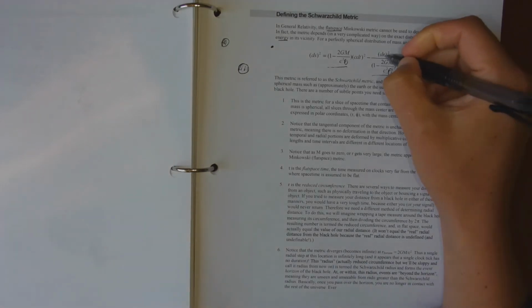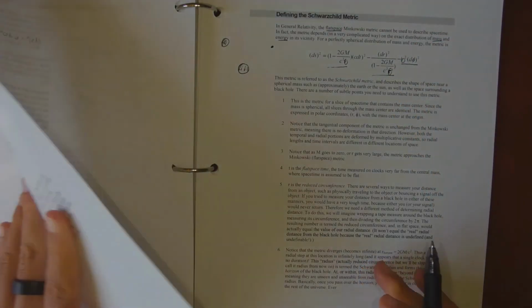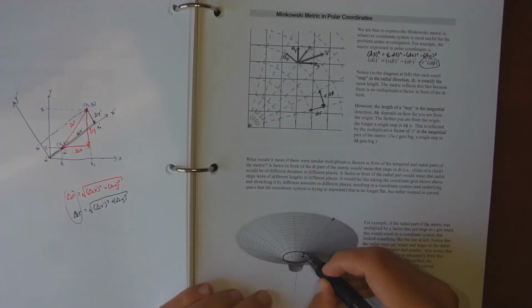And finally, there is a special place at which the metric becomes infinite. So if you look at the denominator here, we have an r, which depends on where we are relative to the origin. That would have been like our location here before.